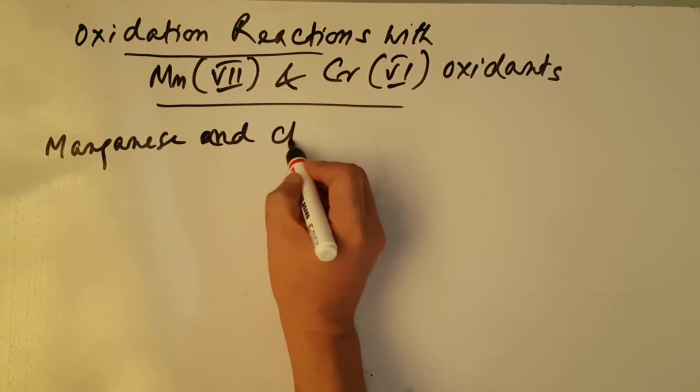Okay, so here we are looking at oxidation reactions with manganese and chromium oxidants. They have manganese 7 and chromium 6 oxidation states.